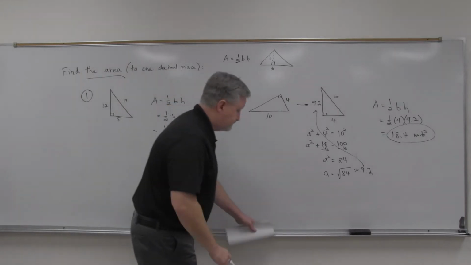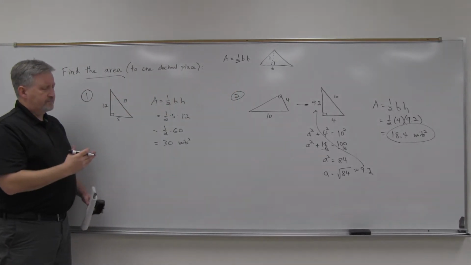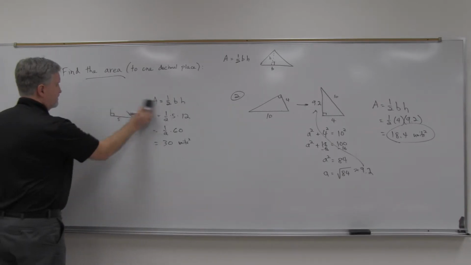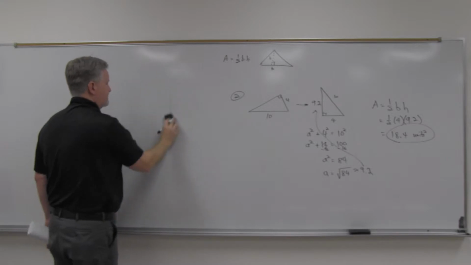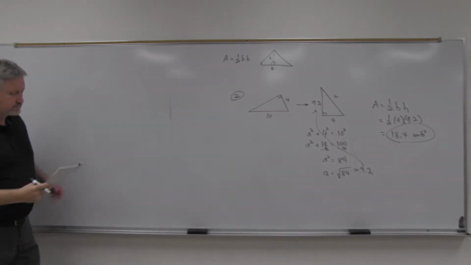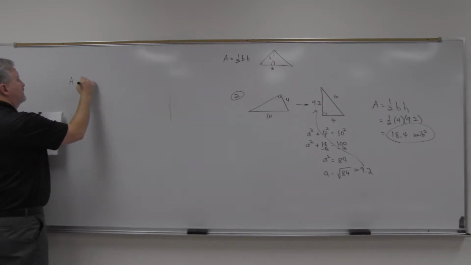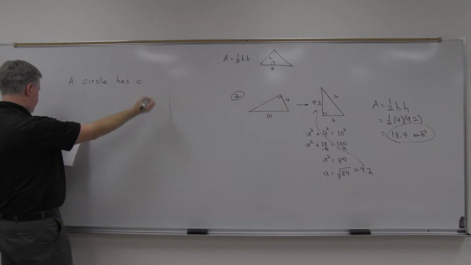All right, now the other thing I'm going to talk about, that we talked about a little bit last time and uses some of the same formulas, is a problem like this. Let's say we have a circle with circumference 10 feet.